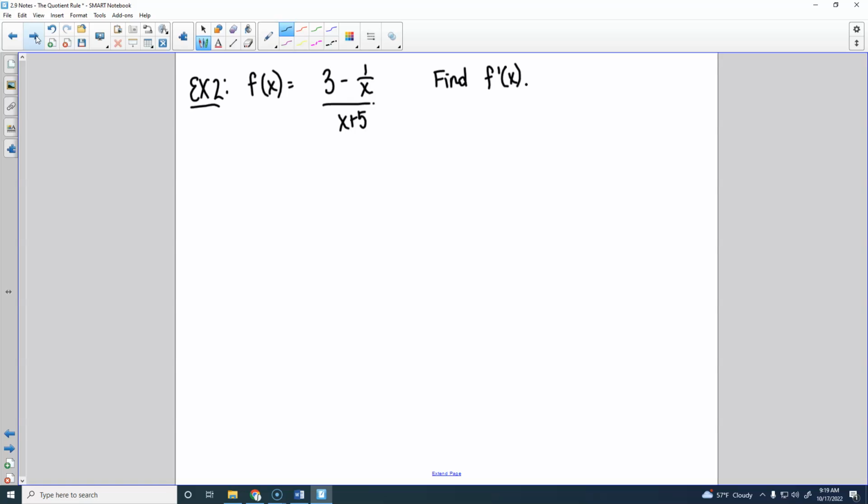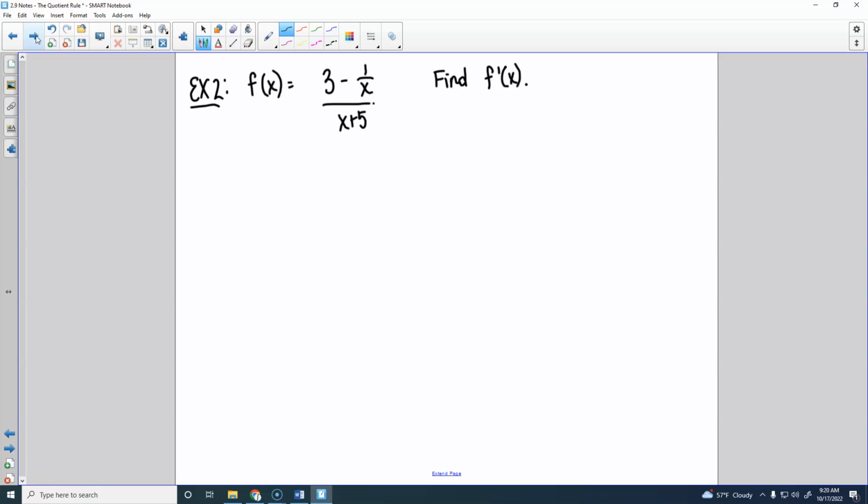All right, so we've got (3 minus 1 over x) over (x plus 5). So everybody's favorite, complex fractions. You have several options of how to deal with this. You probably do not want to just try to take the derivative of it as it stands right now.